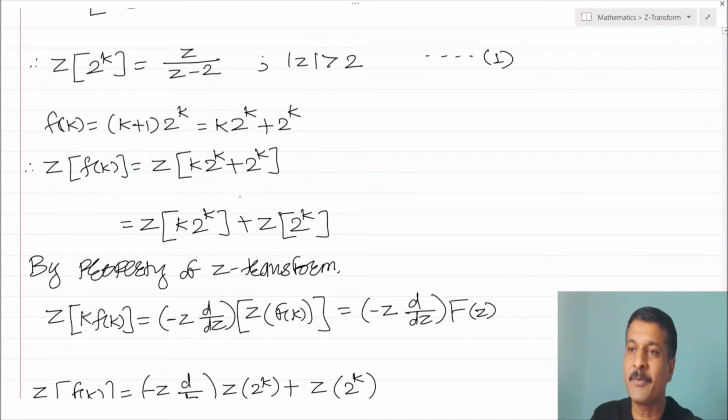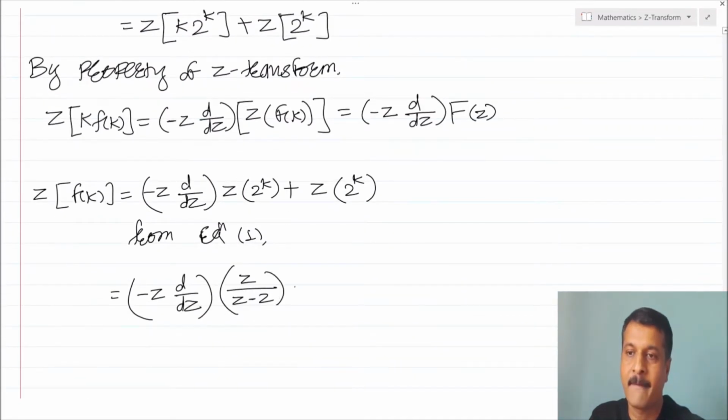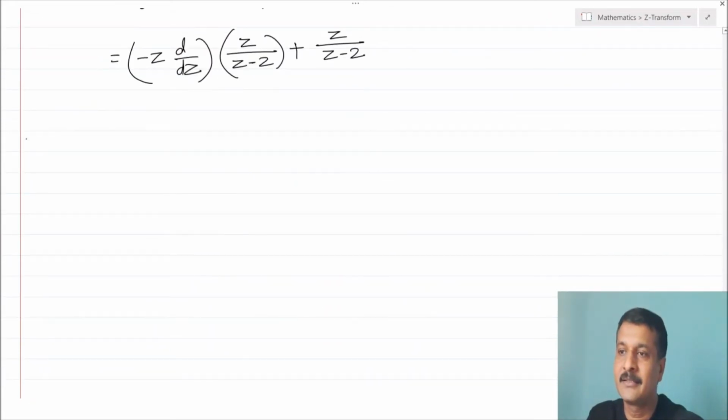Let this be equation number 1. From equation 1, I can write the Z transform of 2 raised to k directly: minus Z d by dz of Z upon Z minus 2, plus Z upon Z minus 2. So I get the Z transform of f of k equal to minus Z, u by v rule again.